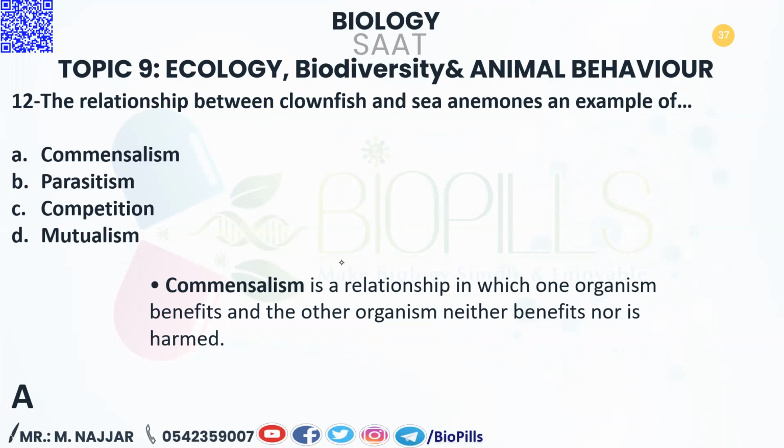Here the organism that benefits is the clownfish, and the organism that is neither benefited nor harmed is the sea anemone. The clownfish takes the sea anemone as shelter, and in return, the sea anemone is neither benefited nor harmed. I know it is debatable in some cases, but from this perspective, it is a commensalism symbiosis.